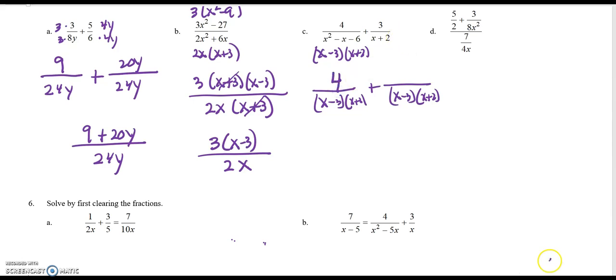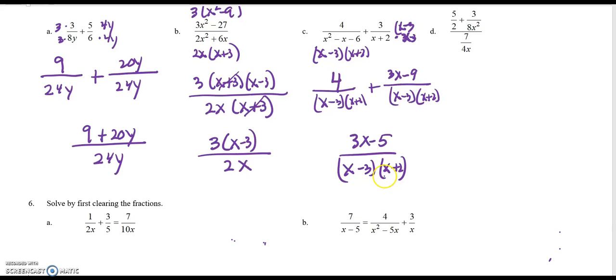The second fraction, we need to take times the x minus 3. Not sure what's going on here. So that'll be a 3x minus 9 if we multiply that out. So on top, we have 3x minus 5. And on the bottom, we would have x minus 3 times x plus 2.